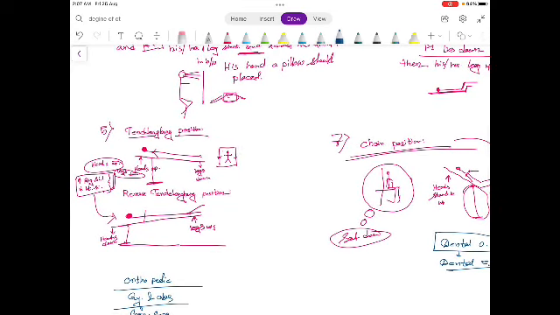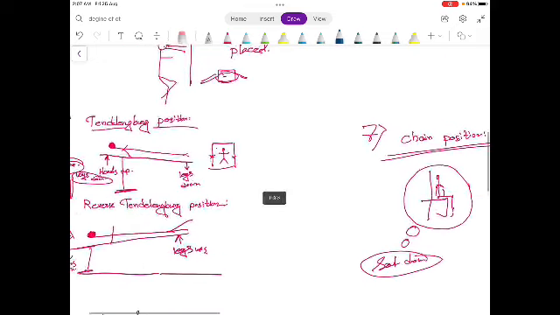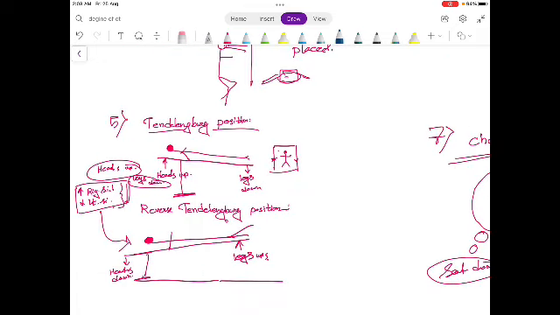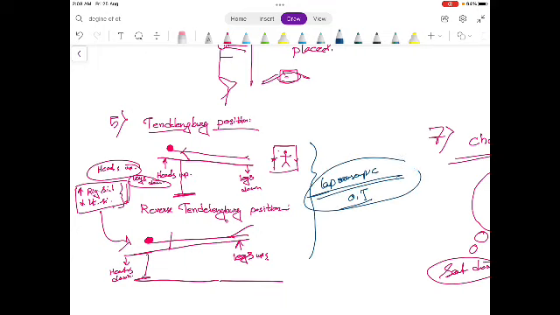So coming to the position, Trendelenburg and reverse Trendelenburg position, you obviously see a patient in a laparoscopic procedure. Both positions are used for laparoscopic OT, right?